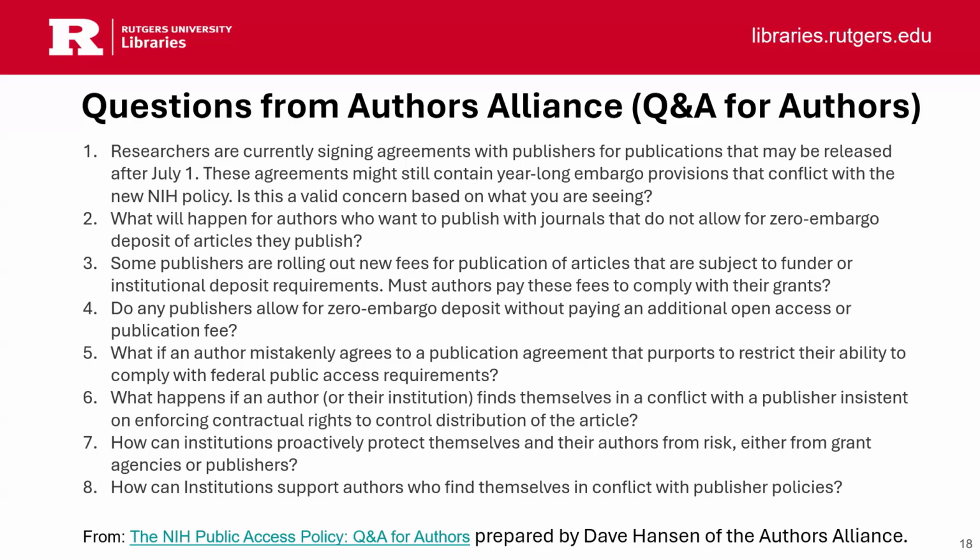Is this a valid concern based on what you are seeing? So read these questions. These are very critical, very important questions. And luckily, he gave suggested responses. The responses are pretty clear. Some of those are very complicated, and NIH hasn't even given very clear answers. So visit the website often.